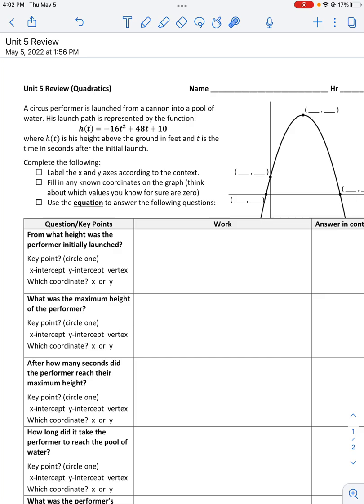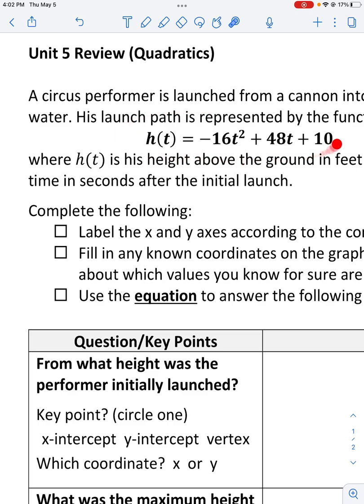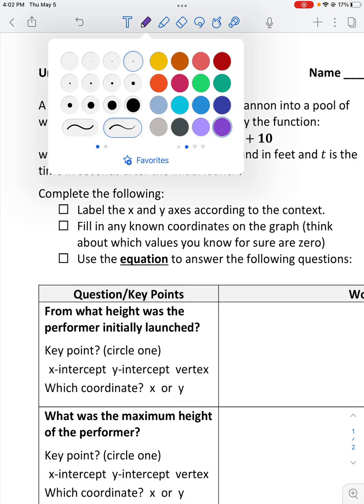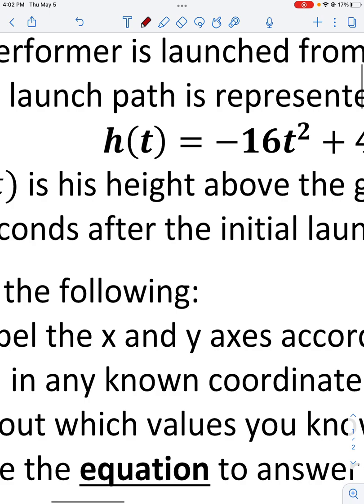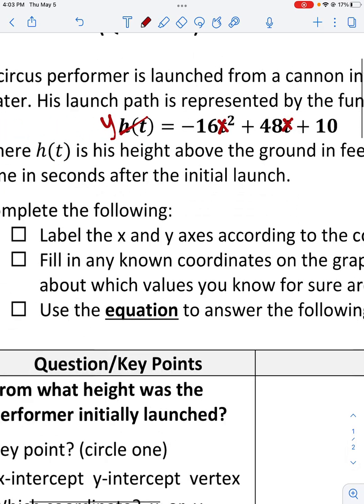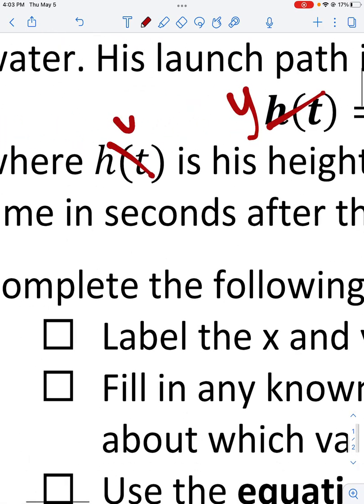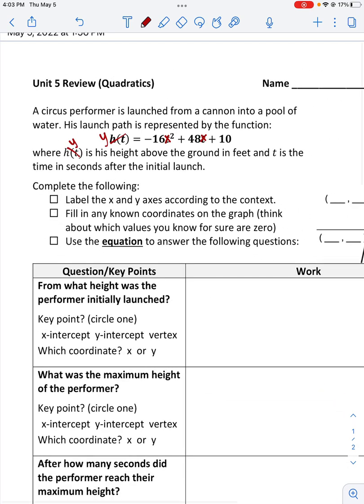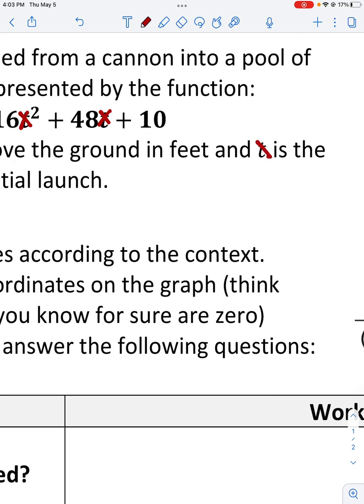And remember, in physics and some science areas, we will see this notation with the h of t and the t's. You are welcome to change those to y's and x's. So this is the same as saying y, and then these t's would be x's. So in this case, y is the height above the ground, and x is the time in seconds.